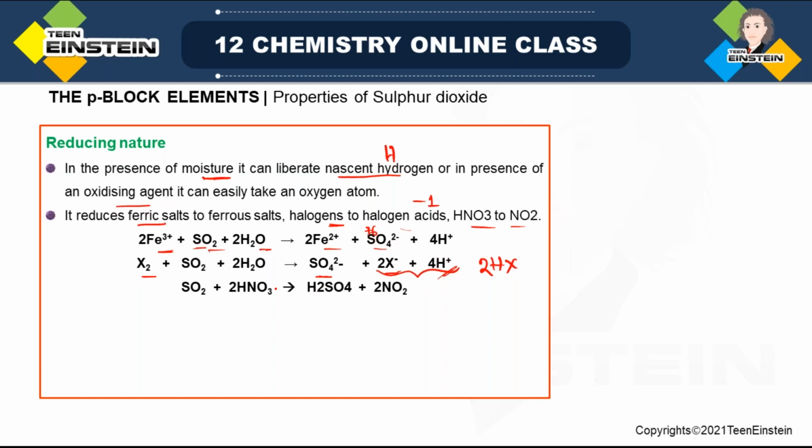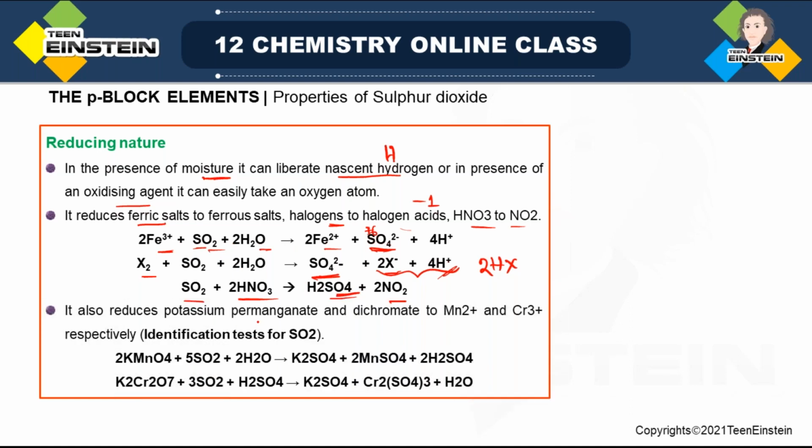We have written the equation here in dissociated form, so that is why it is like this. And if it is reacting with nitric acid, now nitric acid is converted to NO2 and SO2 itself is converted to sulfate ion. So one thing you can see, it is common in all the three equations, that in each case SO2 itself is converted to sulfate ion. Fine.